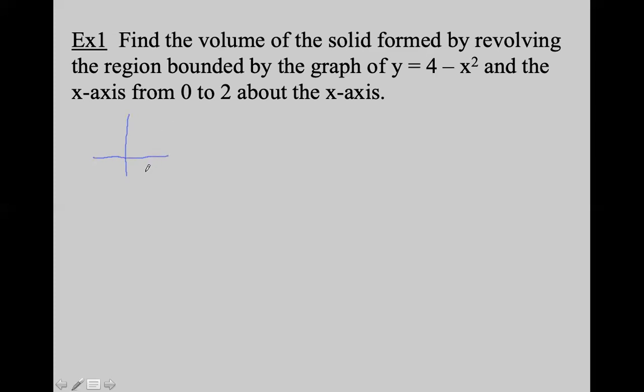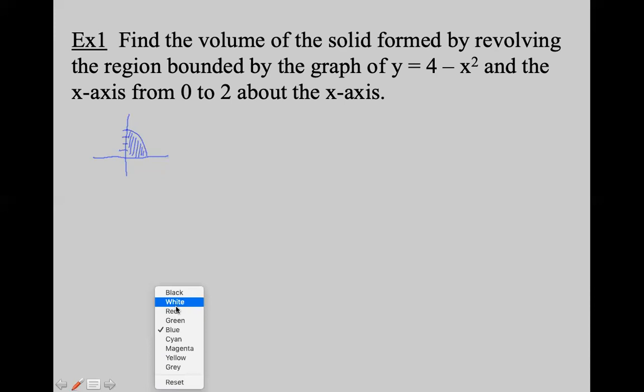We're going from 0 to 2. So our curve here is a parabola that's 4 units up. Normally there'd be another half here, but we're only looking at this half that goes from 0 to 2. So this is our shape that we are going to revolve around the x-axis.